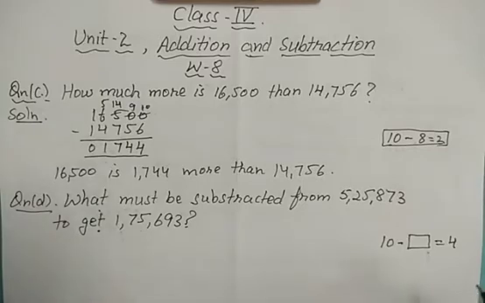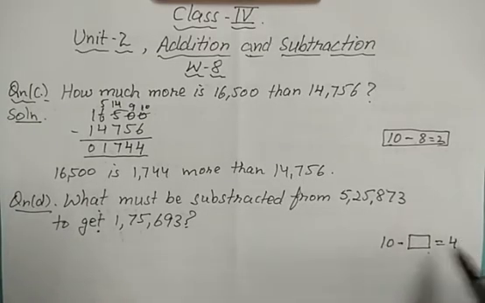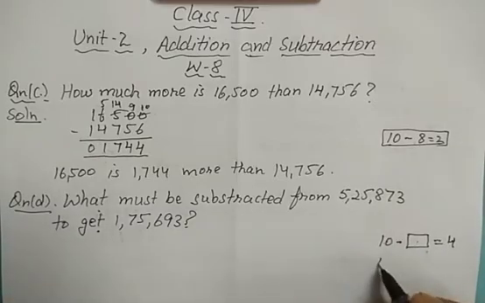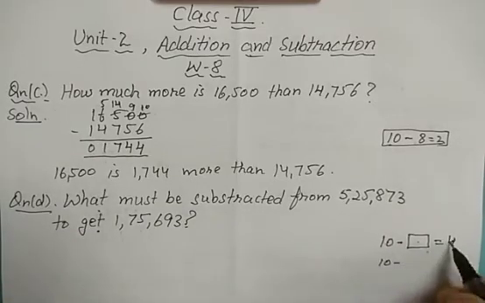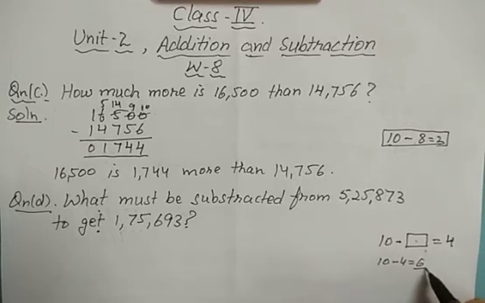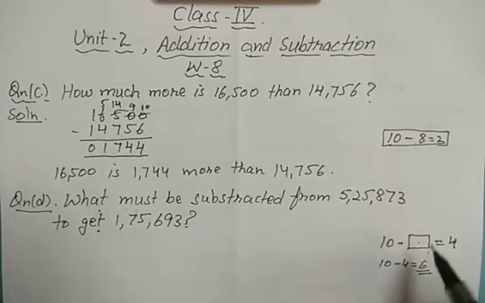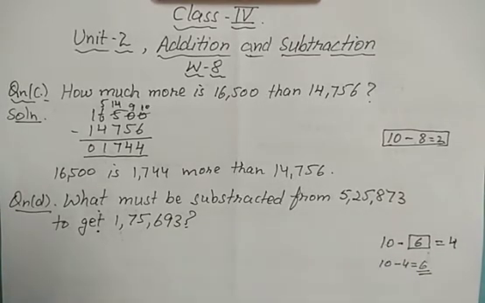For that, we have to subtract these two to get the answer. 10 minus 4 is 6. So this is the answer, and we will write 6 over here. 10 minus 6 is 4. In this way, by subtracting these two numbers, we will get the required number.